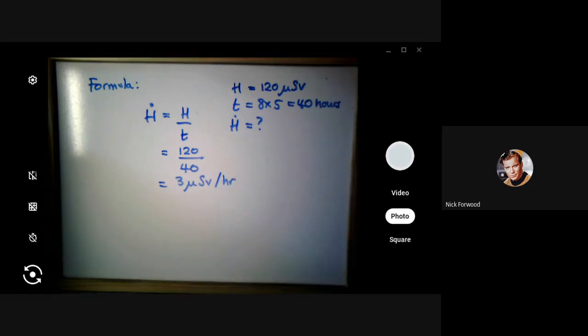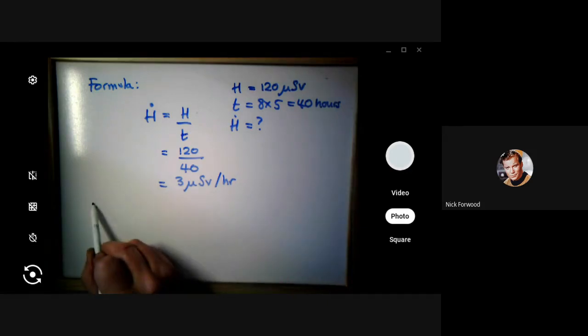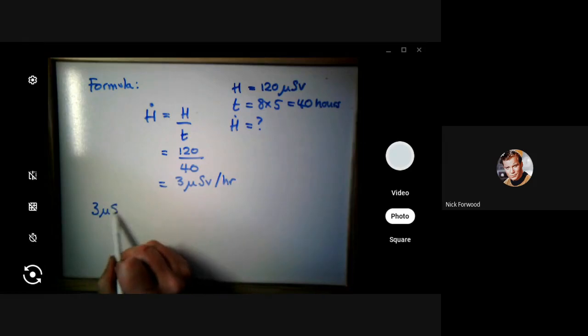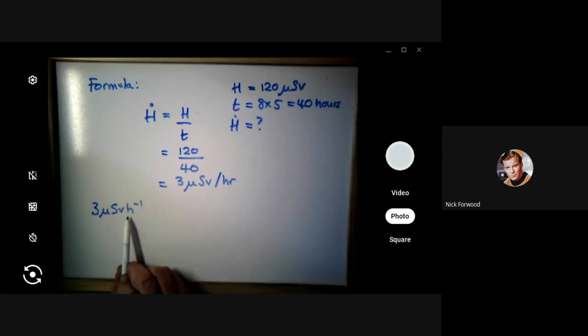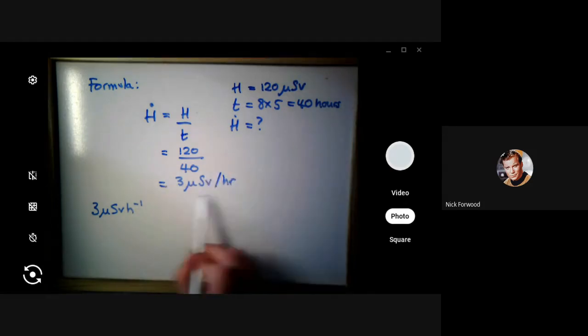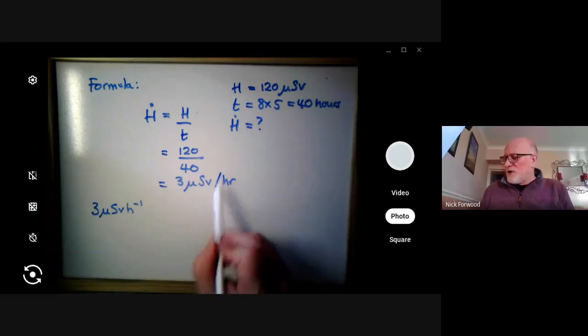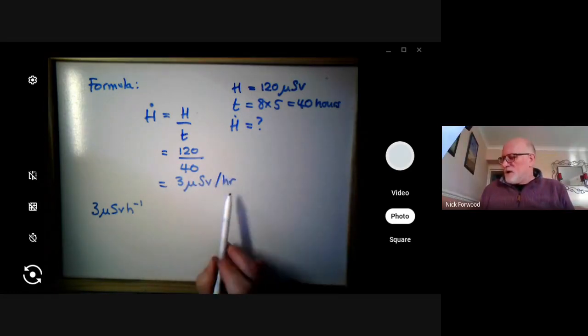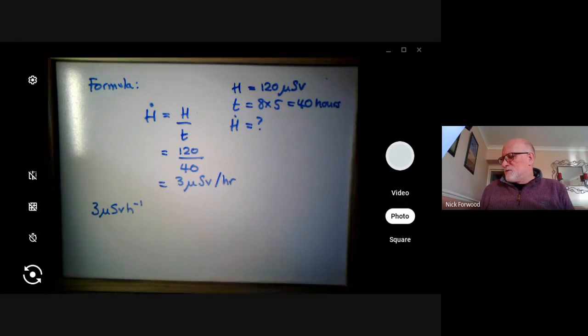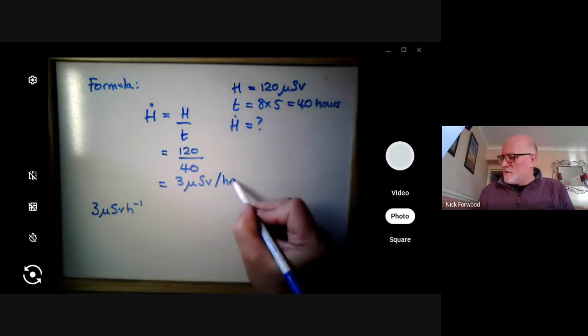There is another way of writing per hour that Mr. Garrod has used in his course notes, and he's used this notation. It's just exactly the same thing, microsieverts, and per hour he's written as H to the power of -1. I'm quite happy that you write per hour with the slash there, which means per, and then hour you can put as HR, or you can write as hour.